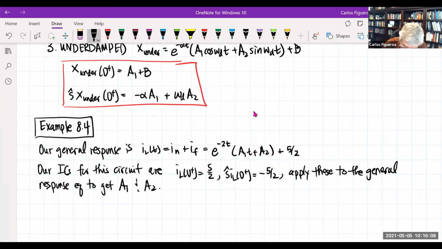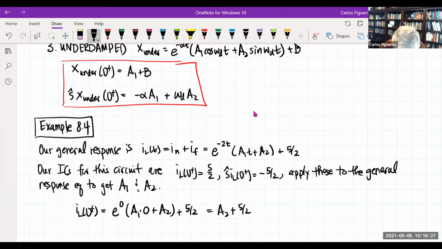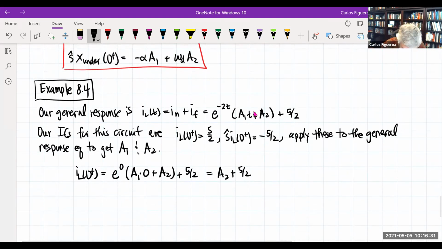So if I do that, then IL of 0 plus is going to be e to the 0 times A1 times 0 plus A2 plus 5/2. So then we see that I get A2 plus 5/2. Now I got to take the derivative of this guy. S hat IL at 0 plus tells me I got to use the chain rule.